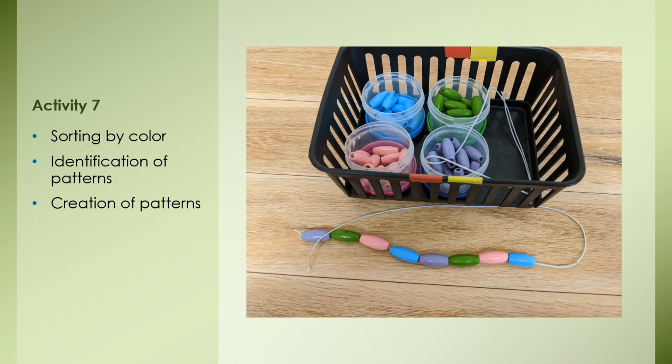After they finish, you need to show them that they need to put everything back in the right color. Here I used containers with a lid in the same color as the pieces. When the kid finishes, they need to organize and put each piece in the right place. So this is practicing math and also organization.